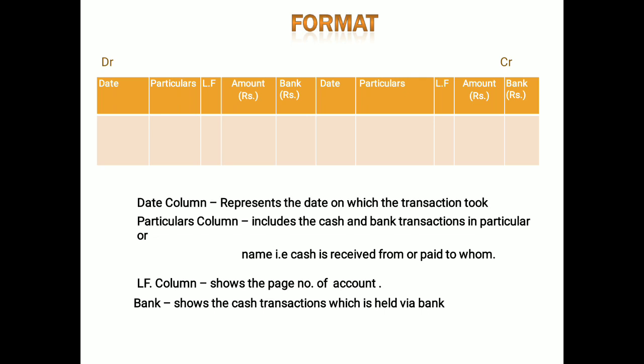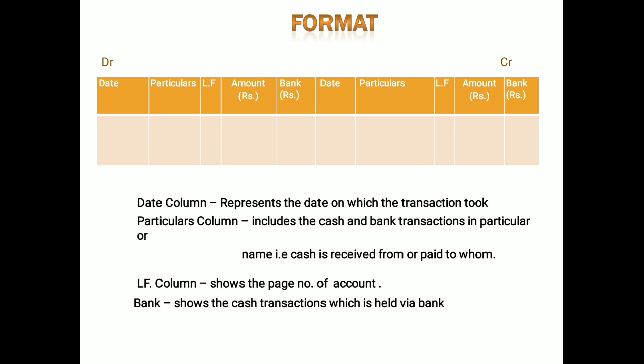Now this is the format of the double column cash book. You may see on the debit side one more column is attached. So the date, particulars, LF, amount and the bank column are attached to the debit side as well as to the credit side. So the five columns are here: the amount column is for cash and the bank column is for the money dealing with the bank only.